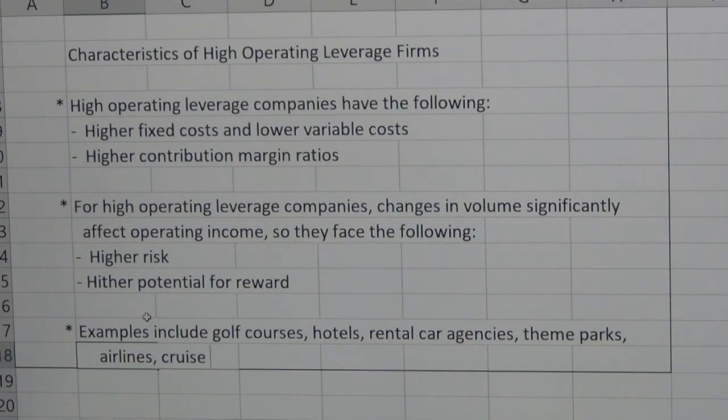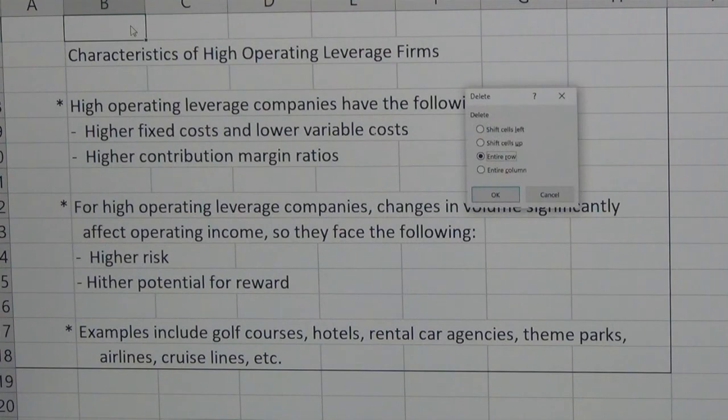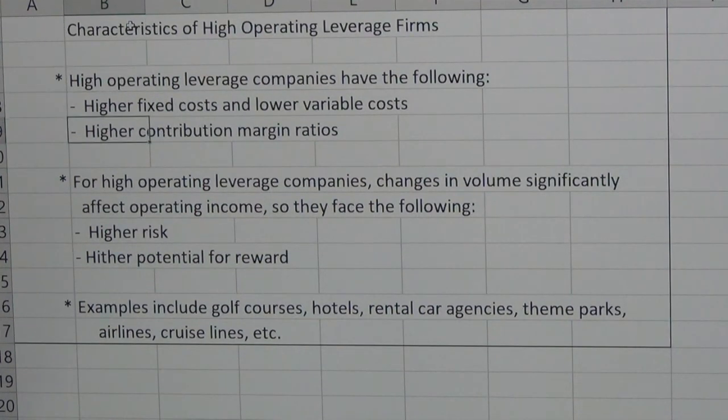So it's kind of interesting that, with this virus issue that we have going on right now, the ones that are going to be struggling the most are the ones that are highly leveraged, like golf courses, hotels, rental agencies, theme parks, airlines, cruises.